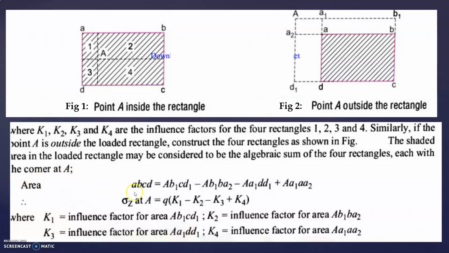Okay, so now the area is given by small abcd, that is equal to the rectangle AB1, CD1 (A, B1, C, D1) minus the rectangle AB1, BA2 (A, B1, B, A2), minus the rectangle AA1, DD1 (A, A1, D, D1), plus the rectangle AA1, AA2 (A, A1, A, A2).